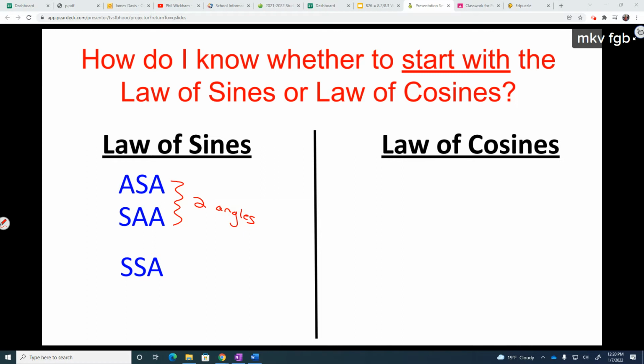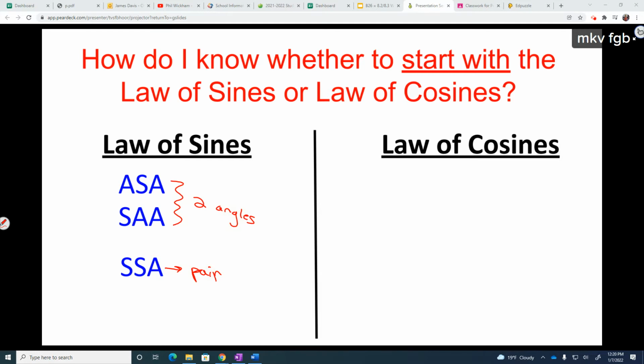The only other case would be side angle, and the reason why is because this already has a pair, because the angle is going to be opposite the side. So if we already have a pair, like a big B and a little b, then we know we're going to do the law of sines.